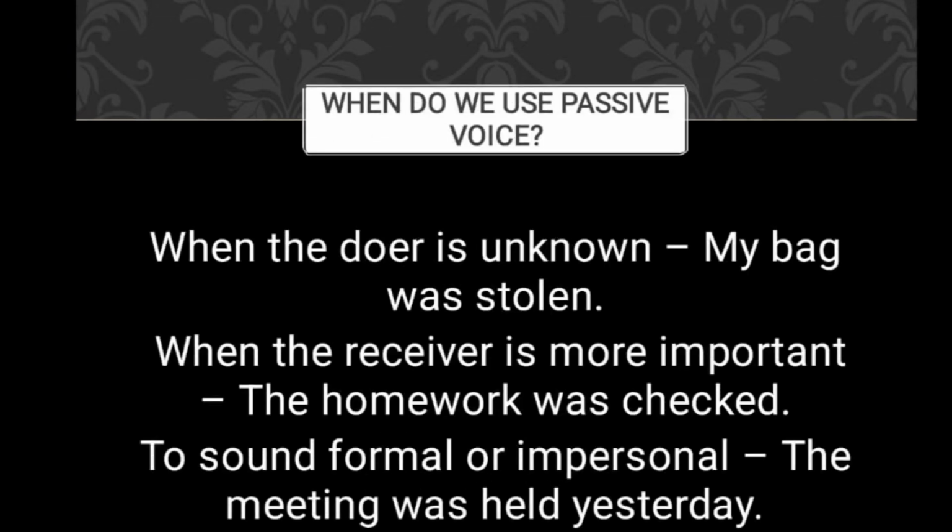When do we use passive voice? We usually use passive voice in three situations. First, when the doer of the action is unknown. For example, my bag was stolen. Second, when the receiver of the action is more important than the doer.